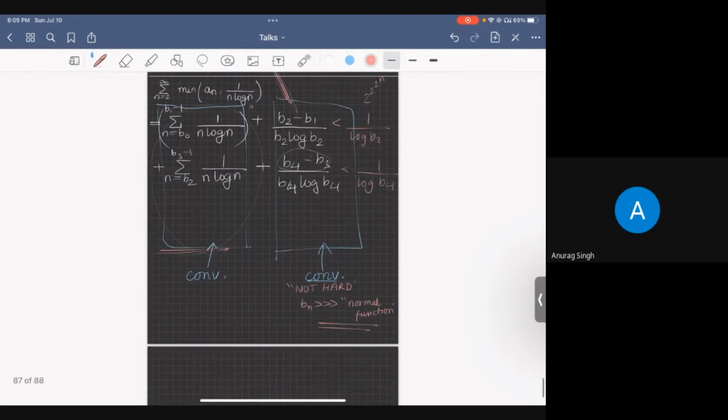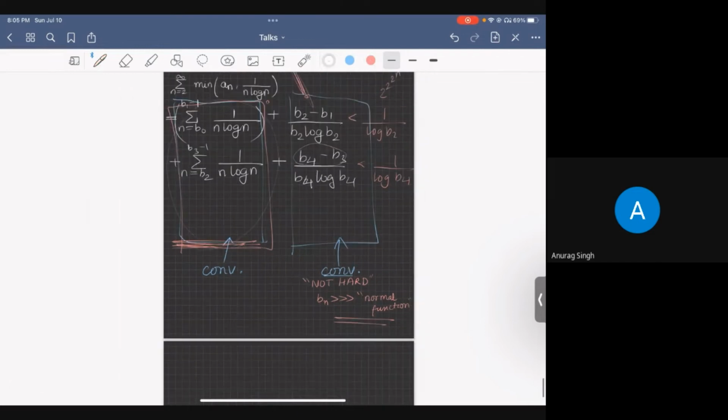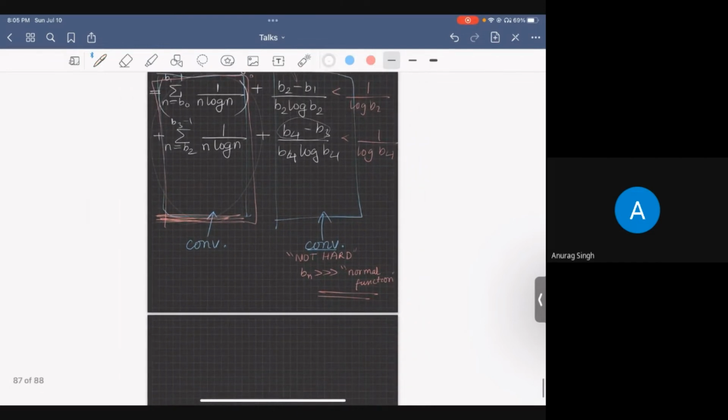So all we need to show is that there exist b naught, b1, b2 such that they're far apart and such that this converges. Let me write it again somewhere. So it's the summation from b naught to b1 minus 1 of 1 over n log n, plus summation, and so on.